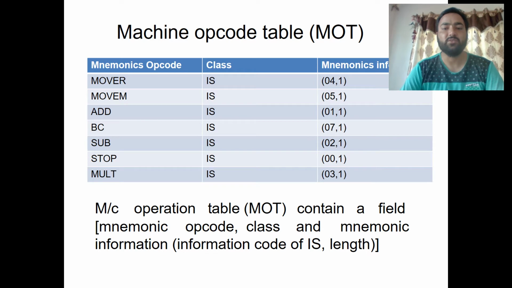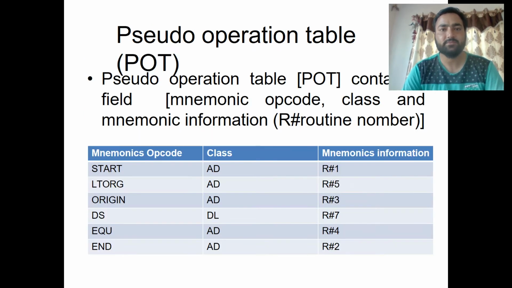For example, MOVER is the mnemonic code, its class is IS, and the mnemonic information means the information code is 04 and its length is 1, and so on. Then comes the pseudo operation table POT, which contains the fields mnemonic opcode, class, and mnemonic information. For example, START opcode, then the class is AD, and then the information is, for example, the routine number we are defining here, that is routine number 1, and so on.